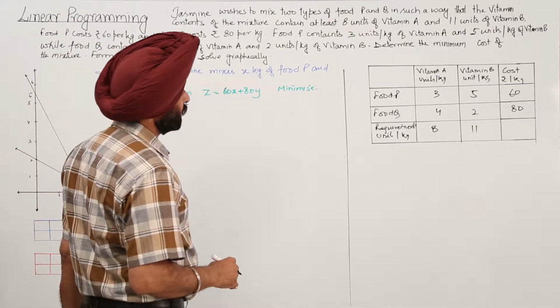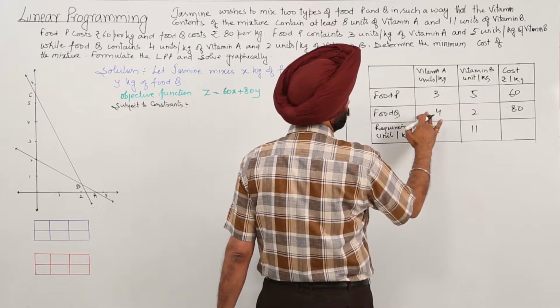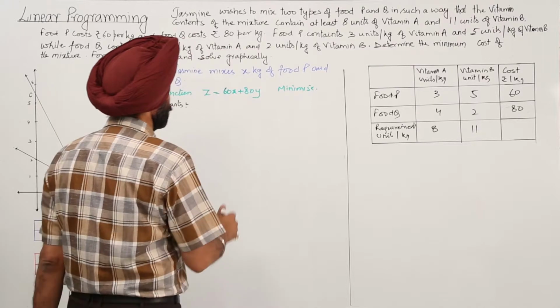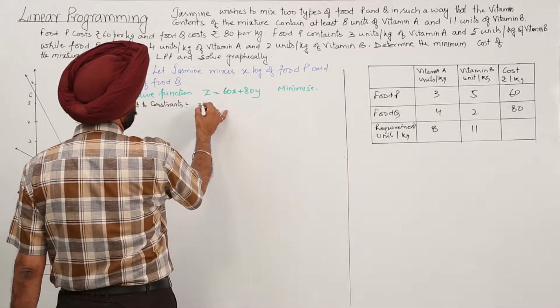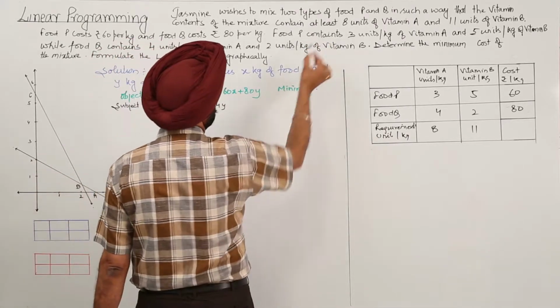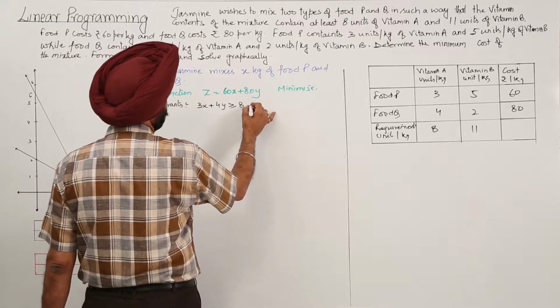Now, for vitamin A, we have 3 units in P, 4 units in Q, and this is the requirement. So what do we have? We have 3x plus 4y, and it is given at least, so 3x plus 4y is greater than or equal to 8.